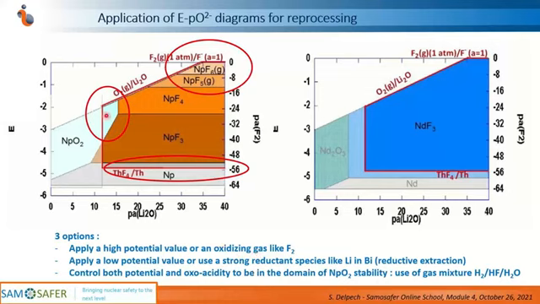To do that, we can use a gas mixture composed of hydrogen, HF, and water. If we bubble this gas mixture with the right composition, we can do the selective precipitation of neptunium oxide.